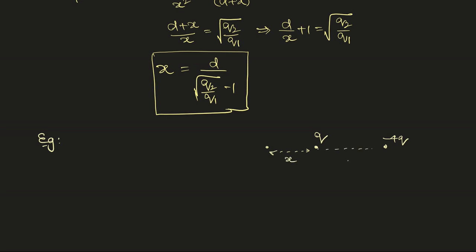Suppose this distance is d. So x will be equal to d by square root of 4q by q minus 1, you should not substitute that minus sign again. So that will be d by 2 minus 1. So that will be at a distance of d. This kind of questions you can expect based on this.